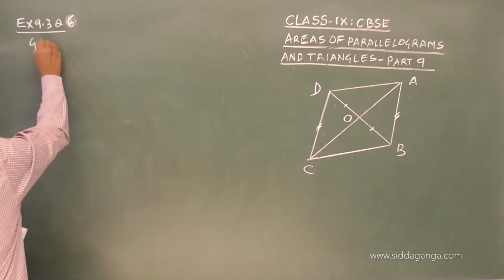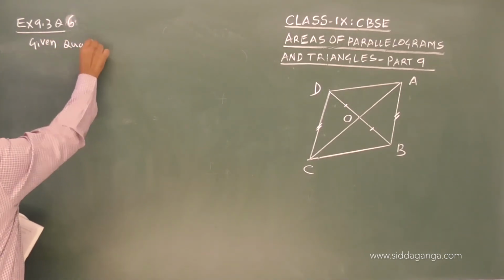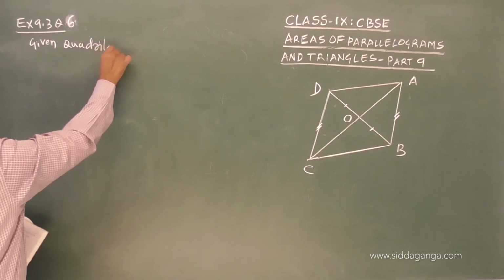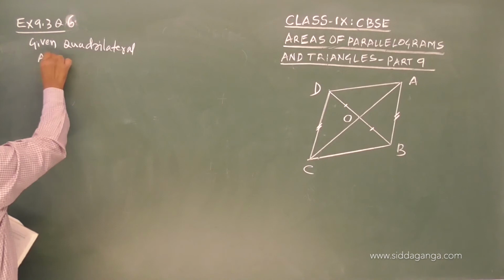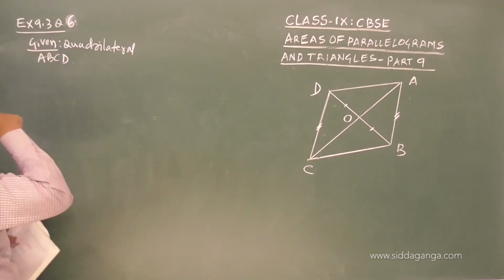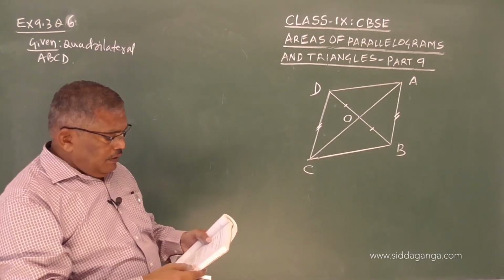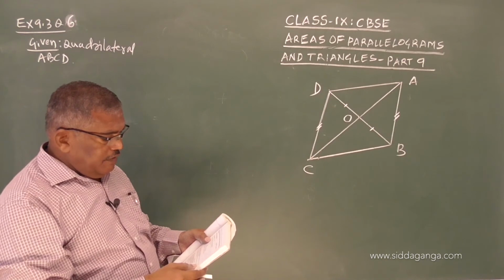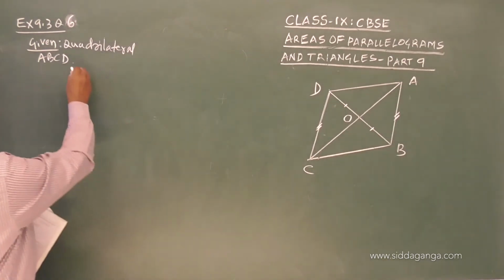Given quadrilateral ABCD with some additional input. AC and BD intersect at O such that OB equals OD.